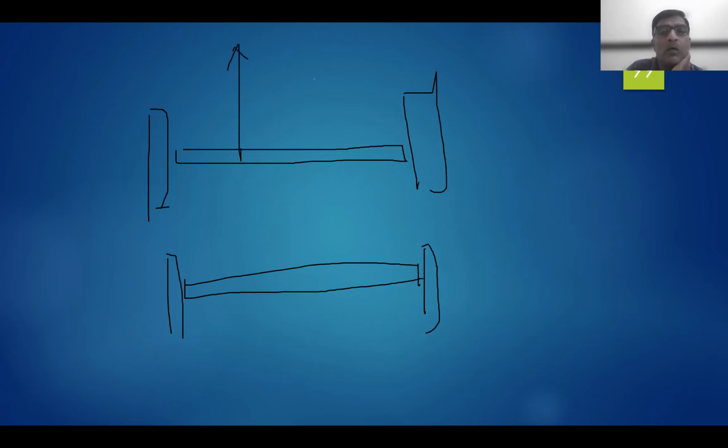Now, you should consider that when the vehicle is moving in a straight direction, this is the first case. Then the second case, the vehicle is negotiating a left turn, and the vehicle is negotiating a right turn.